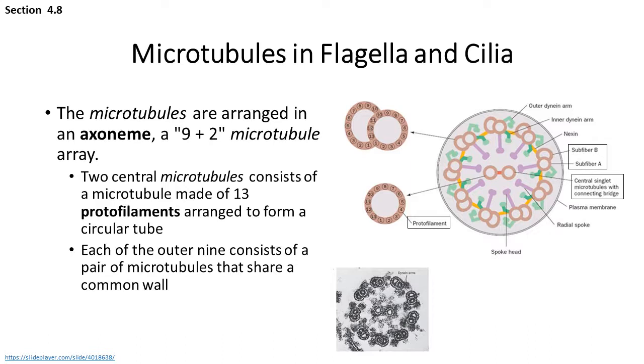Microtubules in flagella and cilia are arranged in an axoneme, which is a 9+2 microtubule array. What this is, is two central microtubules where each consists of 13 protofilaments that are arranged to form a circular tube.